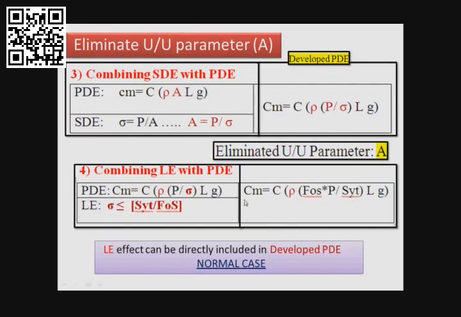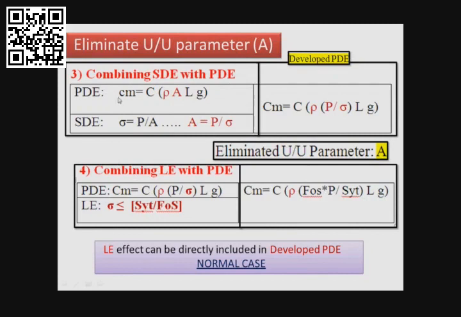Then we get the final equation, that is total cost Cm is equal to C into rho into FOS into P divided by SYT into L into G. This is substituting the subsidiary and limiting equations in the primary design equation.